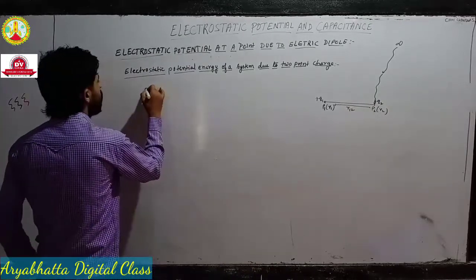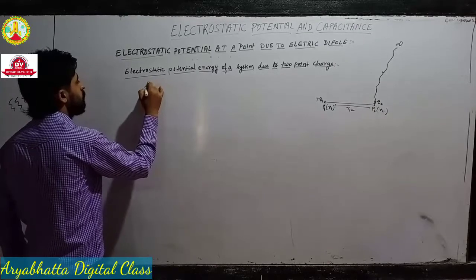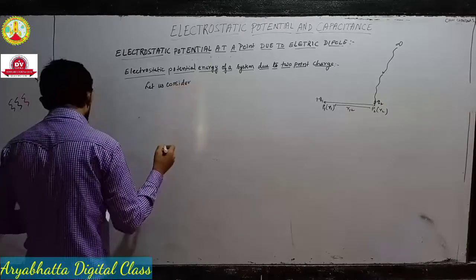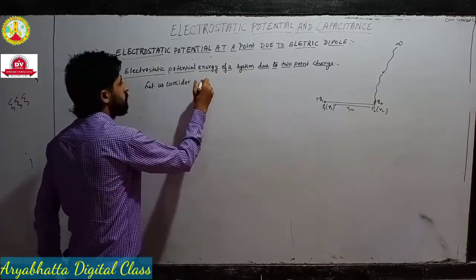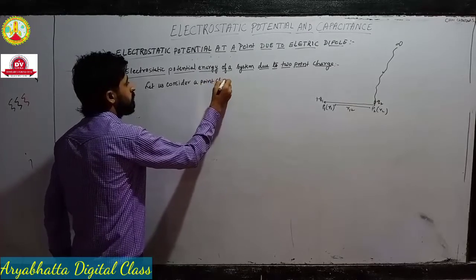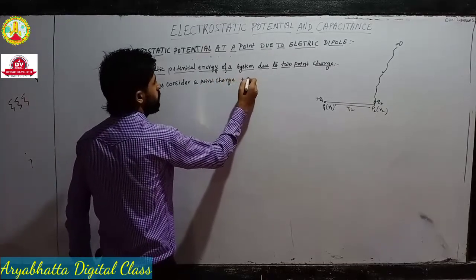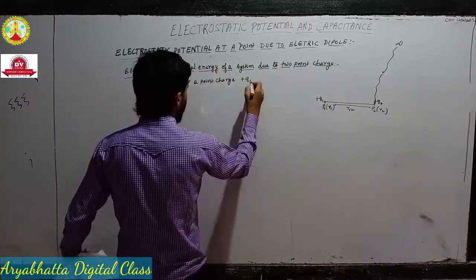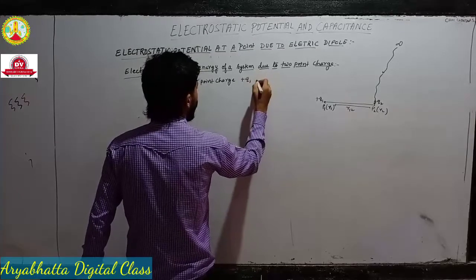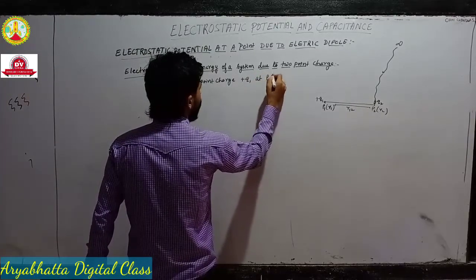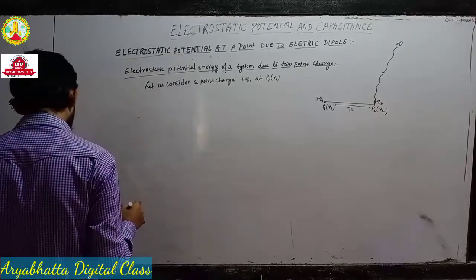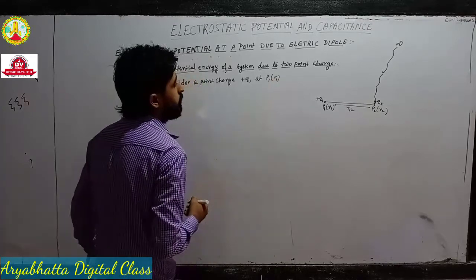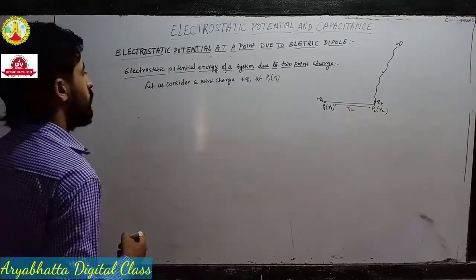Now we will write here. Let us consider a point charge plus Q1 which is held at P1, R1. R1 is nothing but the position vector of point P1. I have directly written R1, which means the position vector of point P1.